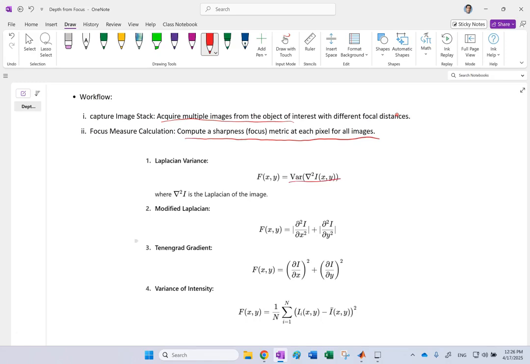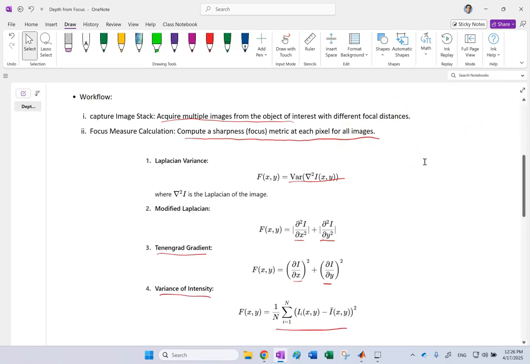You can use the Laplacian, you can use a modified Laplacian, where you take the second derivatives of intensity with respect to location, first take the absolute value of them and add them, or you can take the first derivatives, square them and add them, which is called Tenengrad gradient, or you can use a variance of the intensity. So there are different ways that you can measure sharpness of an image.